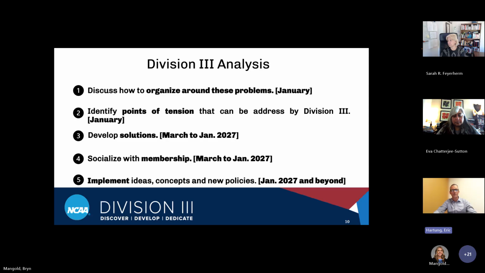Deloitte's work will be done just over the next few months, and then the presidents will lead the way the rest of the way. And you can see here the continued development of solutions, continued socialization with the membership, and then potentially the implementation of ideas, concepts, and new policies at the earliest would be with convention in 2027.